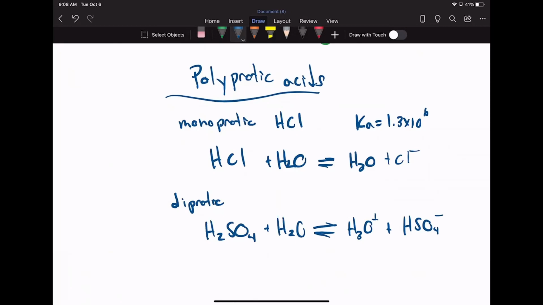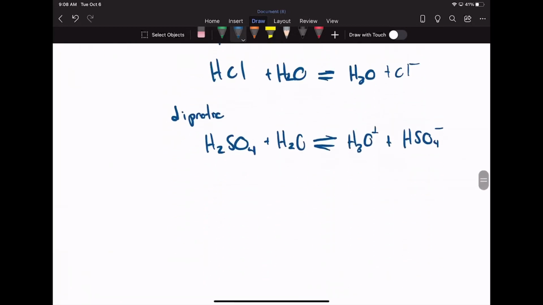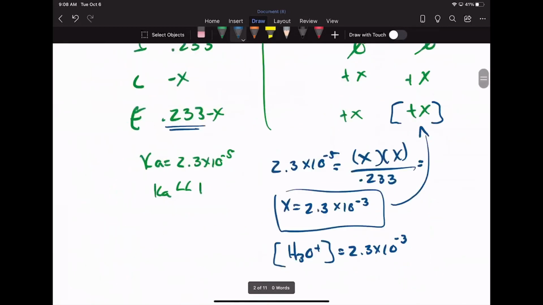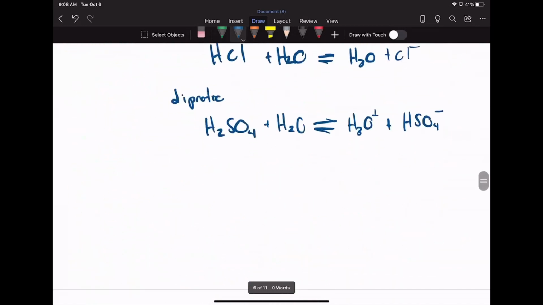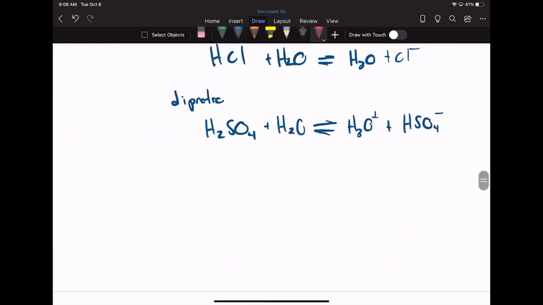And we're going to call this what we consider the first ionization. But we can use the conjugate base as our acid because this is going to be amphoteric.